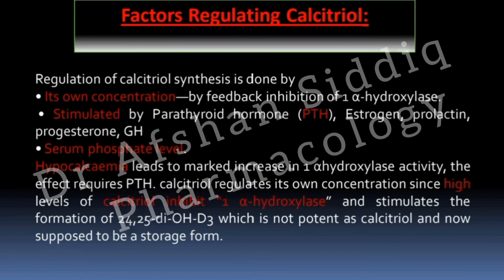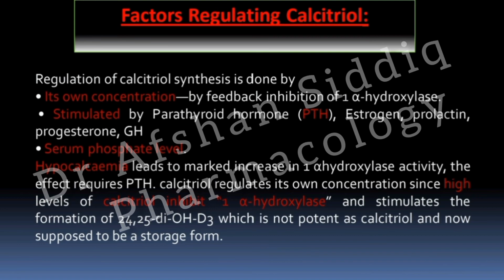So, coming to the regulation of calcitriol synthesis. Its synthesis is majorly controlled by its own concentration in the blood, by the feedback inhibition of 1-alpha hydroxylase, by which the concentration or conversion can be minimized.